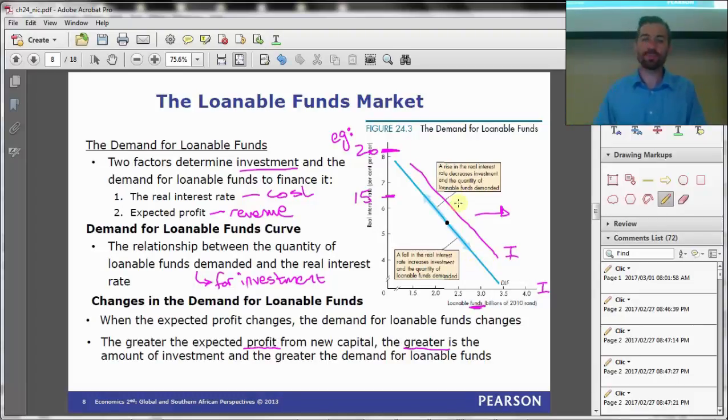Okay? So what then determines whether we are willing to invest? Well, what's our expected profits from investing in that project? Okay? So any change in interest rates is going to cause a movement along this demand curve. Any change in expected profits is going to cause a movement to the left or right. In other words, a shift in the curve. Okay?